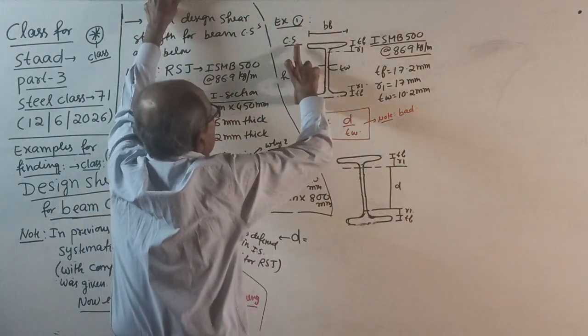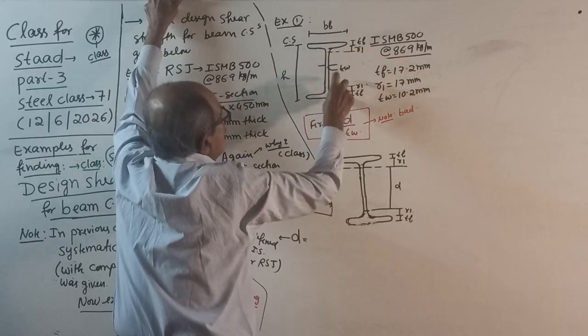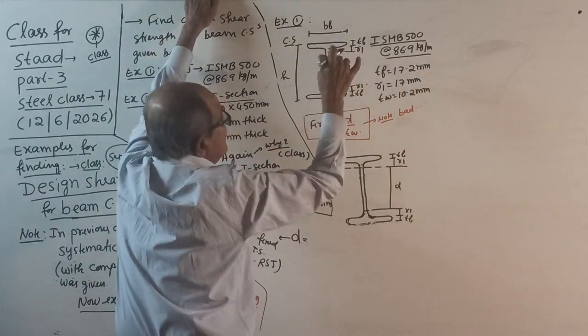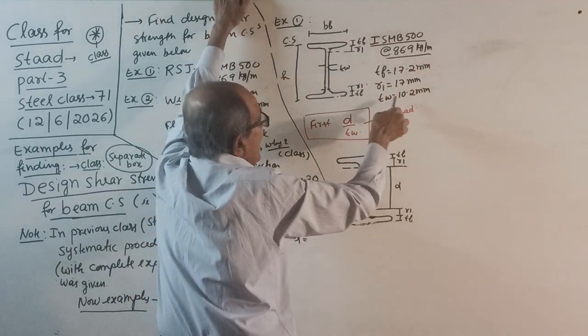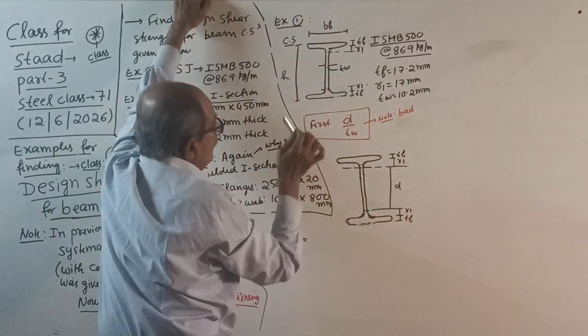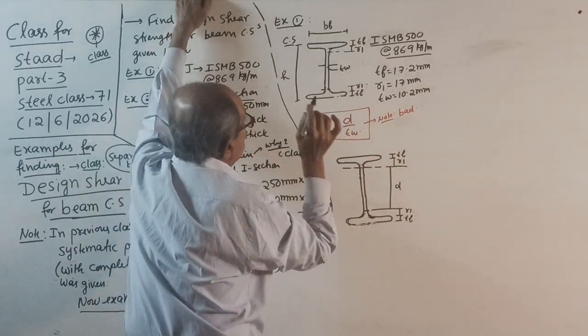Breadth of flange, depth of section, thickness of flanges, radius at root R1, all are given. From the IS code or handbook, you get these values. I noted them down. Okay, now first find the D by TW ratio. What is D?